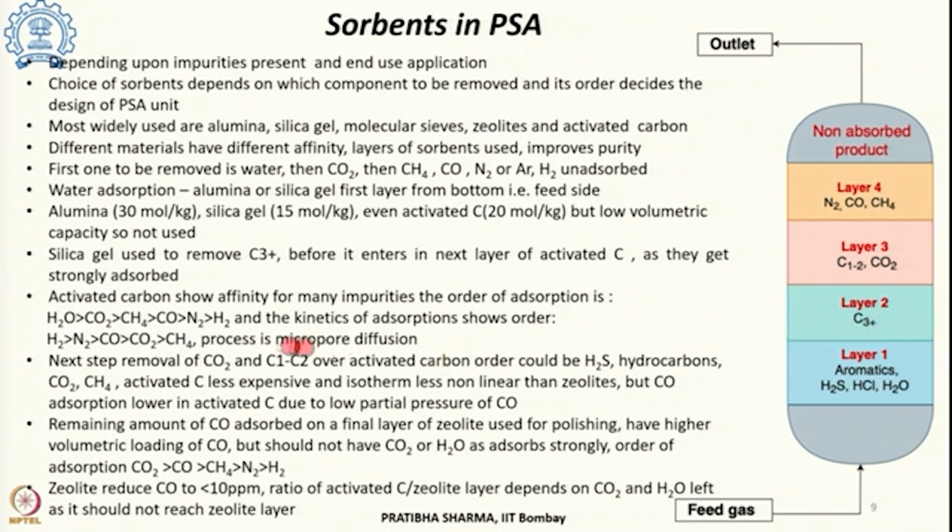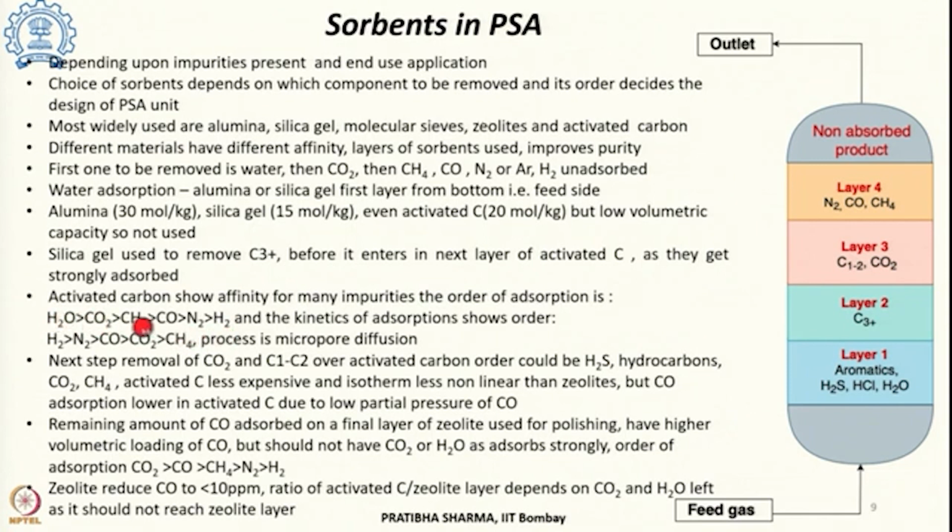Now, the next layer is of activated carbon. This activated carbon has a different affinity towards different impurities, and a wide variety of impurities can be removed using it. The order of adsorption that follows is water higher than carbon dioxide, higher than methane, higher than carbon monoxide, nitrogen, and the least being hydrogen.